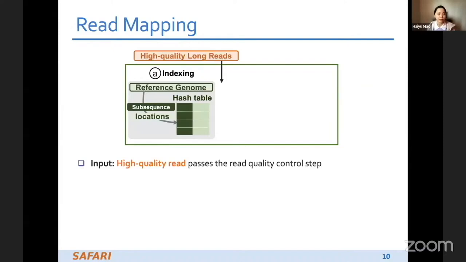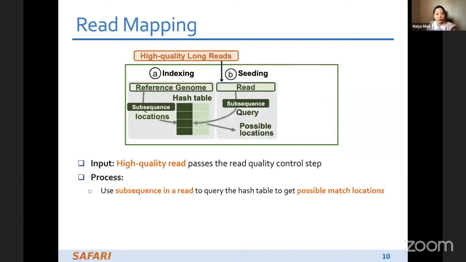For the read mapping, the input should be high quality long reads from the read quality control, and then we go through the seeding step, in which we generate subsequences from the reads and query the hash table which stored the reference genome, and we get the possible locations of the subsequences inside the reference.